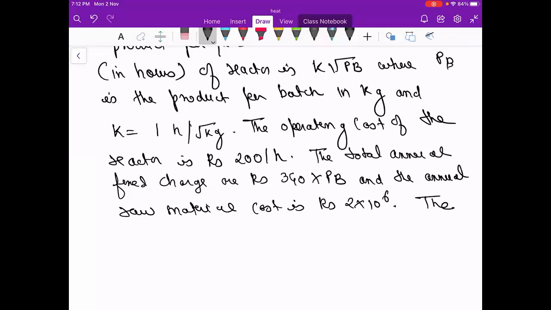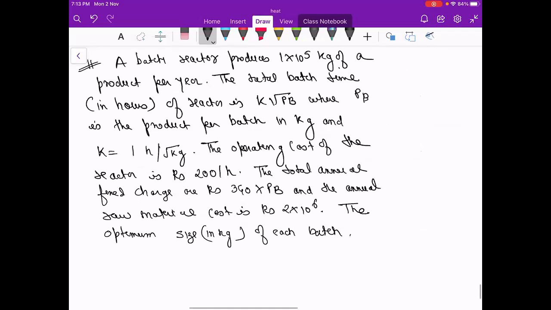The optimum size in kg of each batch. Okay, so solve this question.